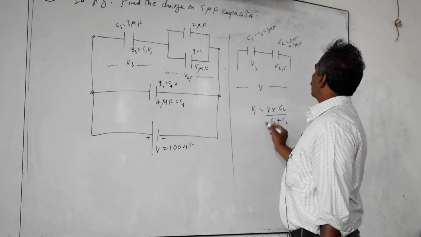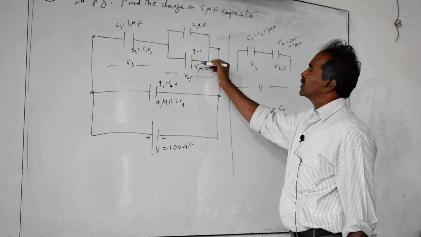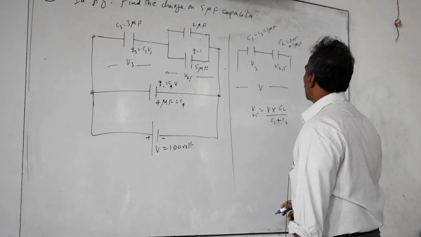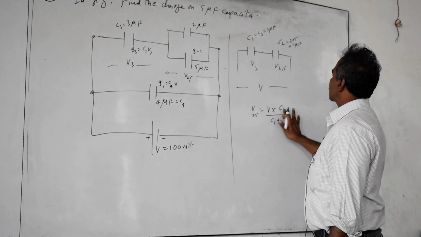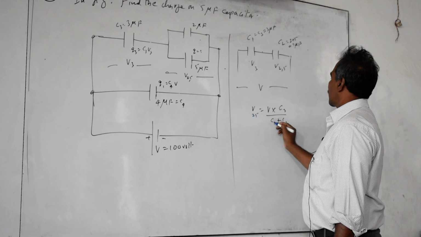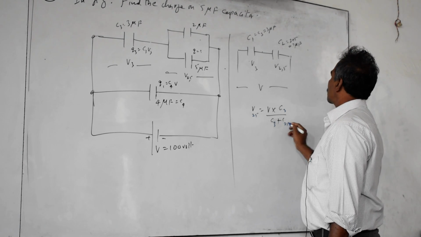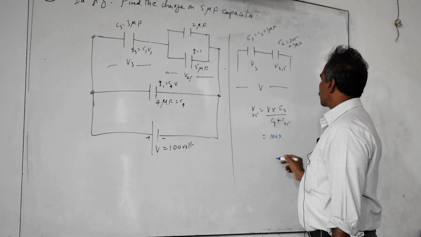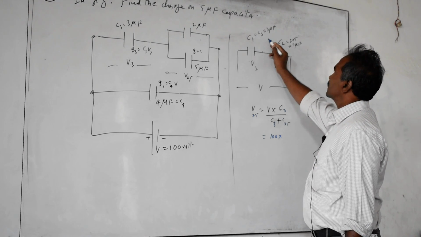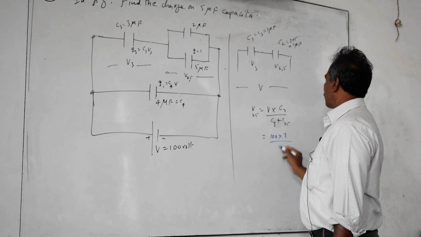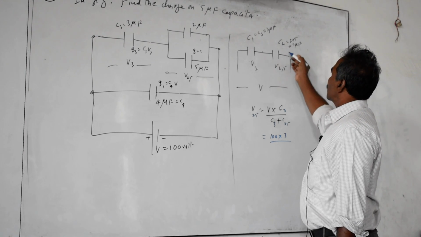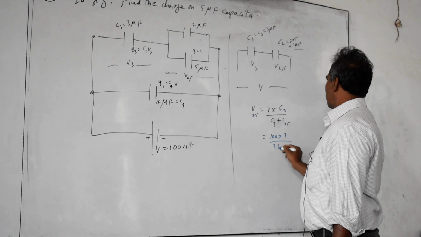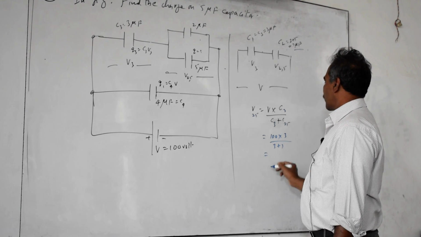We want this voltage, V25. So V25 is equal to the total voltage times the other capacitance, that is C3 by C3 plus C25, which equals the total voltage 100 times 3 microfarads by 7 plus 3, and 7 plus 3 is 10, so the 0 cancels.